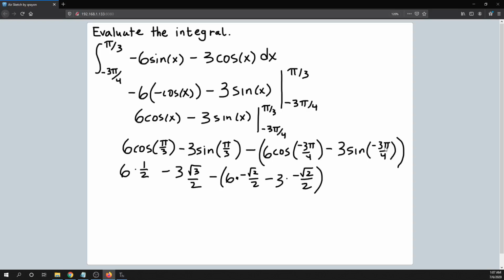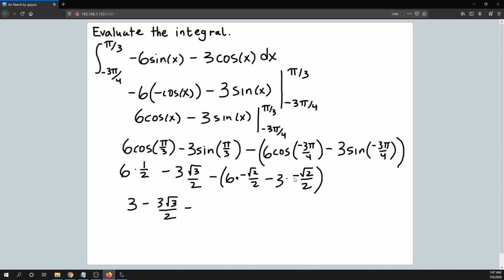Okay. All right, and then it's just a matter of simplifying all this out. So first off is that 6 times a half is 3. Then I have minus 3 square root 3 over 2.